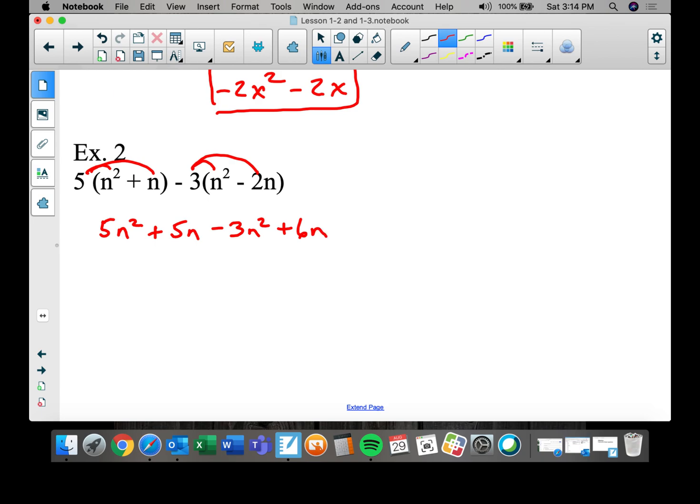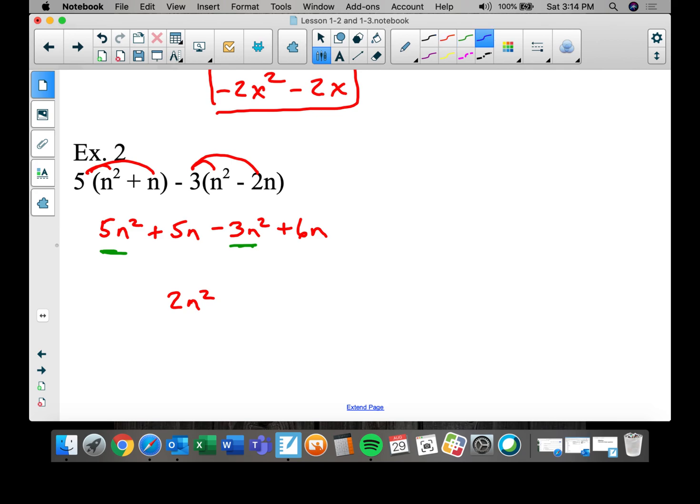Okay? Now we are basically right back to where we were in example number 1. Now we're looking for combining like terms. So once again, we take a look. Now I've got a 5n squared and a negative 3n squared. I can put those two together, end up with a 2n squared.